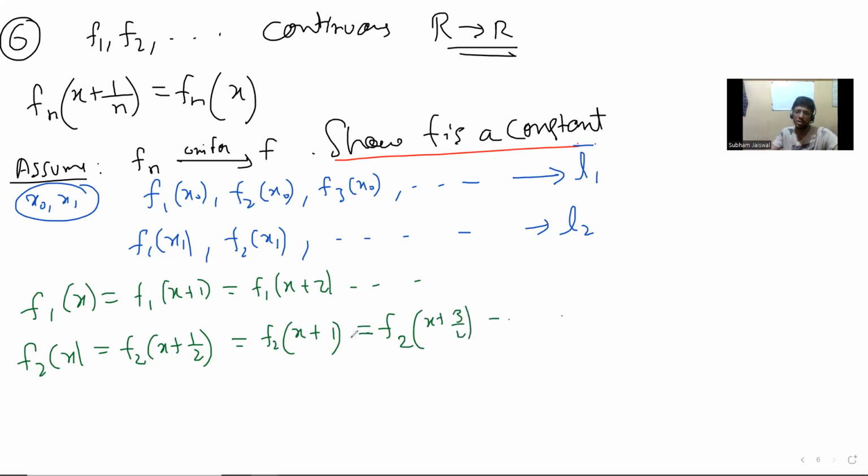You see what's happening. I'm not drawing pictures now, just because you want to do this quickly, have it all in one place in a small time. The point is that really the function is becoming the same quite often. So it's becoming more and more constant. This is the idea as I see it.